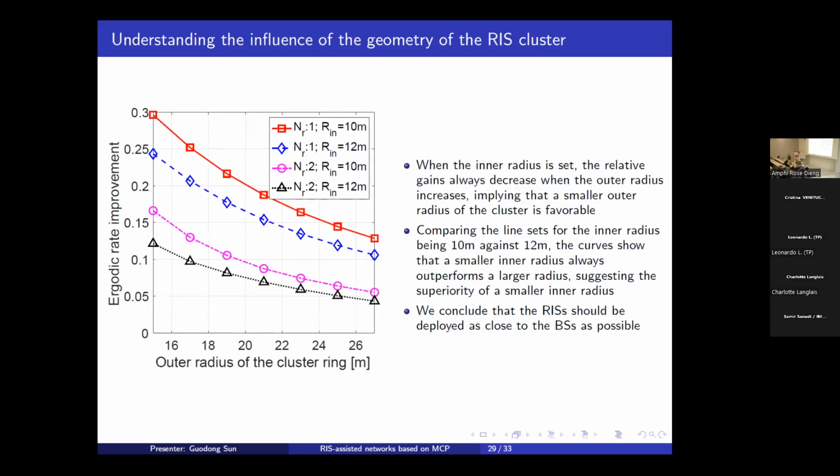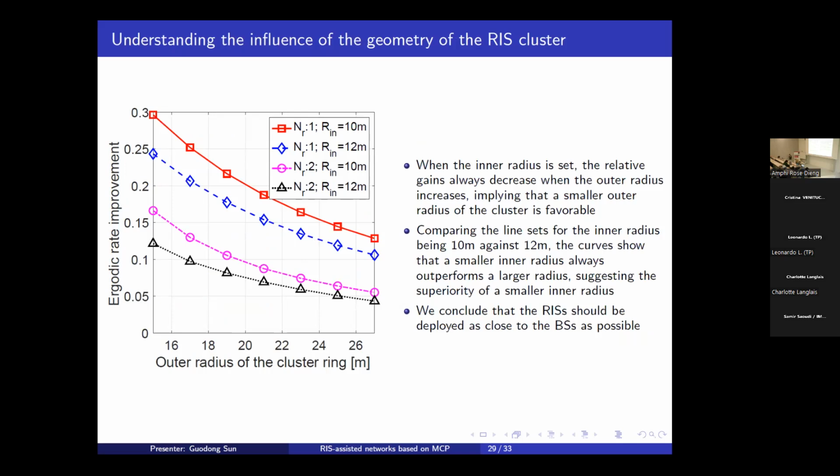Then, because we're doing the geometry work, we try to understand the influence of the size of RIS clusters. We said the RIS should be deployed randomly around the base station, but how far, how close? We evaluate the outer radius as a real axis and several values of inner radius.